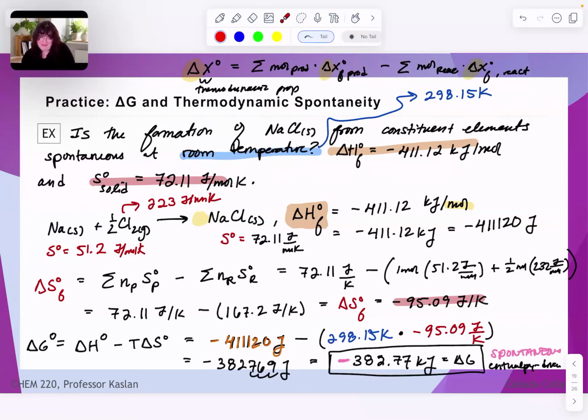All right. So in our next videos, we are going to shift the conversation to talk about entropy and what is going on in a system that already exists at equilibrium. So not a reaction that starts and then reaches equilibrium, but a system that is already in that equilibrium state.